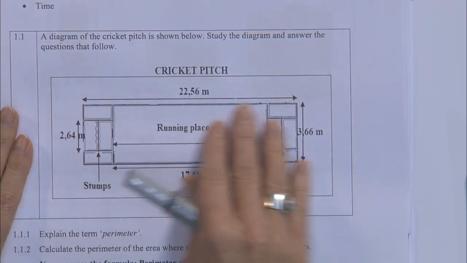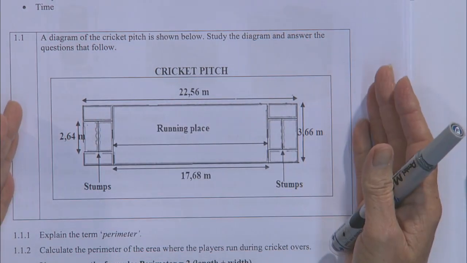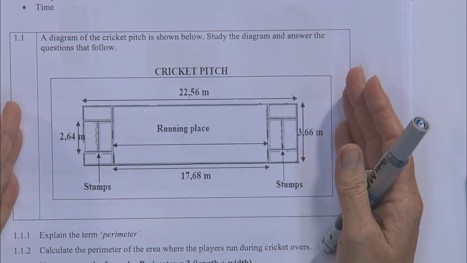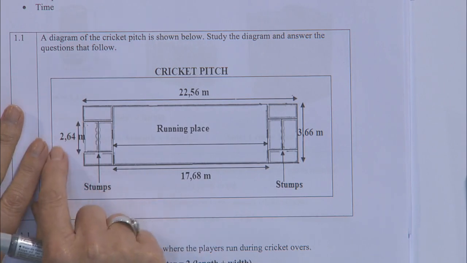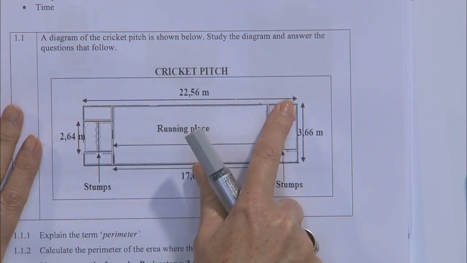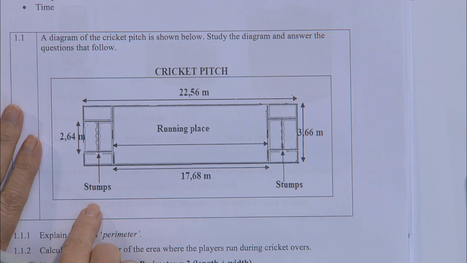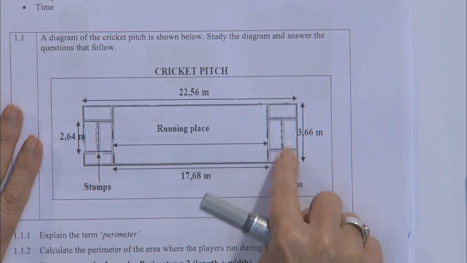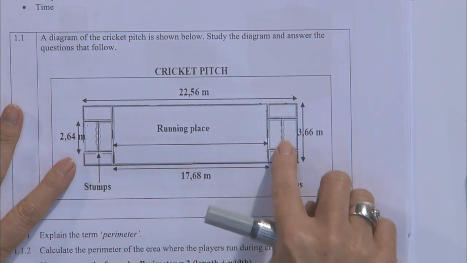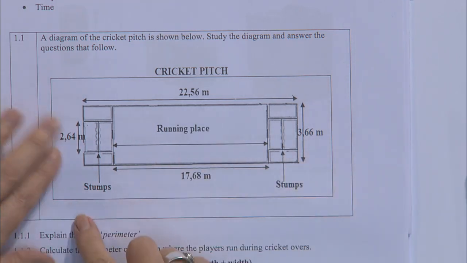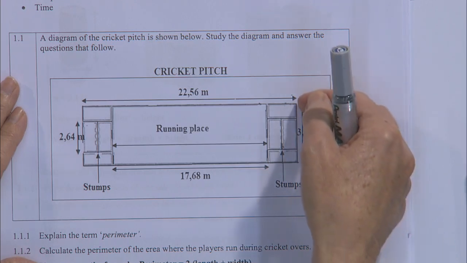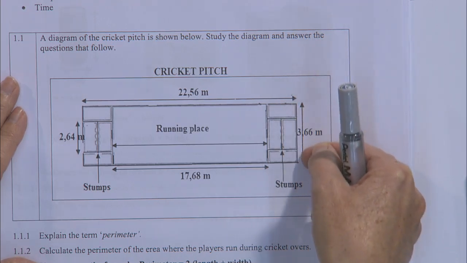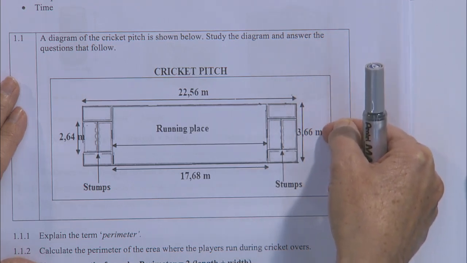They provide you with all the necessary measurements of the cricket pitch. First, they show you the length of the pitch. Then they show you the stumps where the batsmen stand. They show you that is 2.64 meters, and that the length, or the breadth, is 3.66 meters.